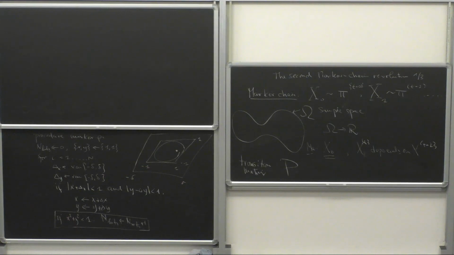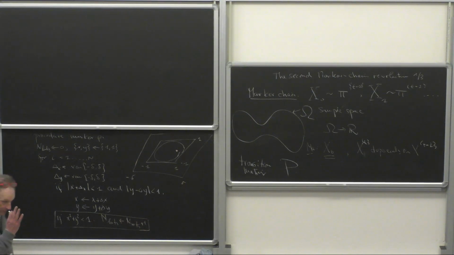You have it here: x0, x1, x2, xn. And x0 is defined according to a probability distribution pi of t equals 0, x1 pi of t equals 1, and so on. We have a sample space omega, and these random variables are functions from the sample space into R.